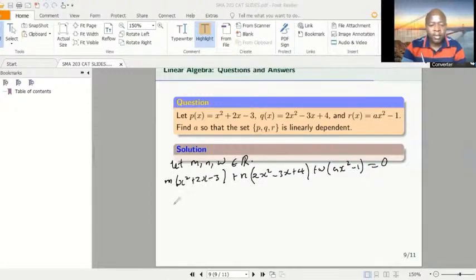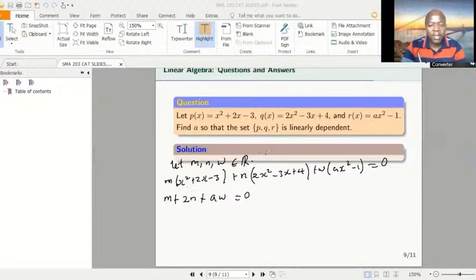When we do that, we'll get the first equation. I'm collecting those that have x squared. This will be mx squared, and this will be 2nx squared, and this will be awx squared, equal to 0. Somebody may be asking where x squared went.